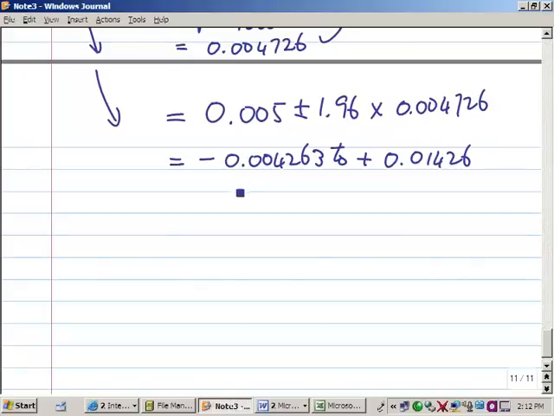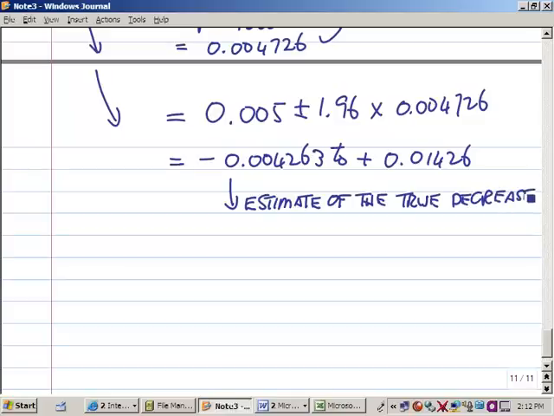Alright, so this is our estimate of the true decrease. You'll notice that the true decrease on the upper limit could be a positive number of about 1.4%, but on the negative side the decrease could be negative.